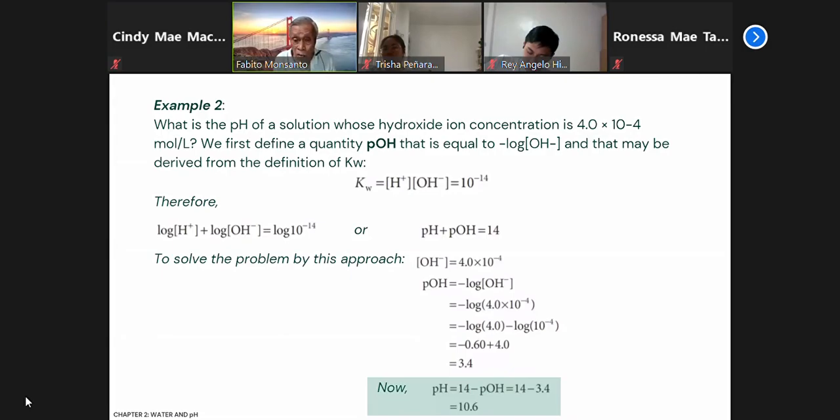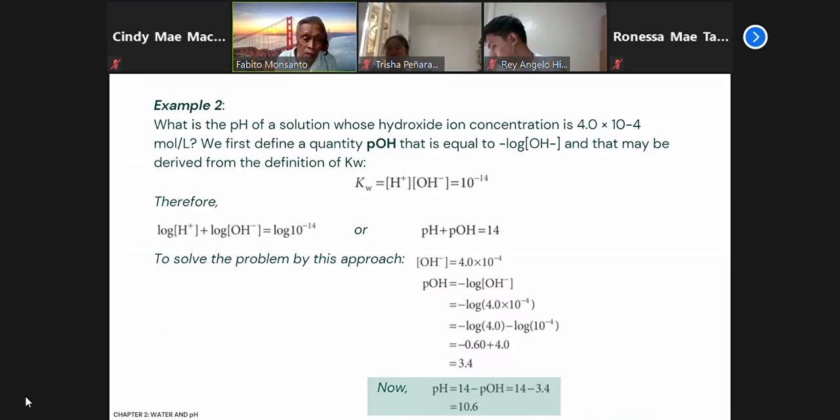If you can solve for the pH, then all you have to do is subtract it from 14 and you will get the pOH, or vice versa. You solve first for the pOH, and if you want the pH, you subtract pOH from 14 to give you the pH.